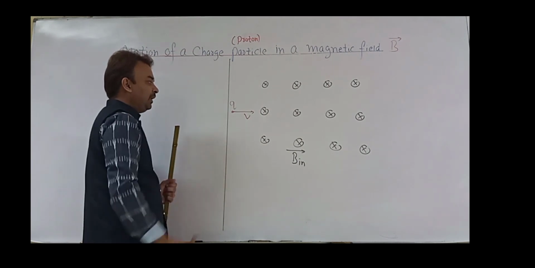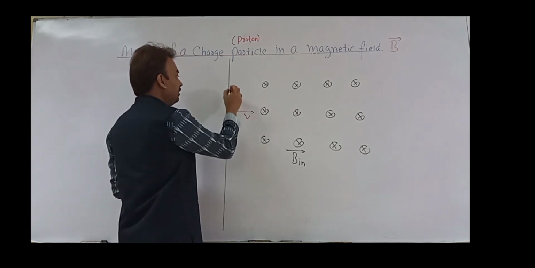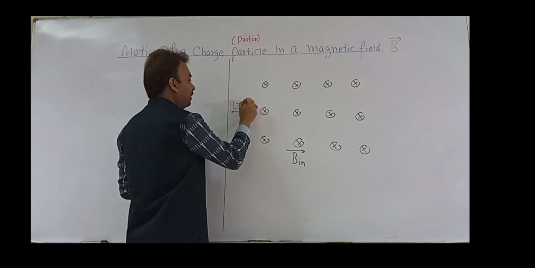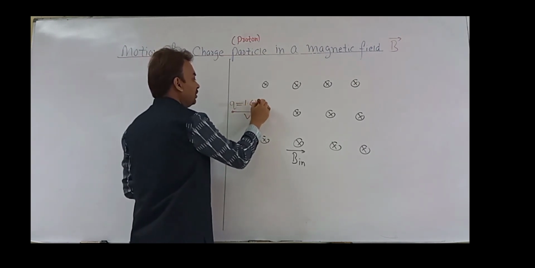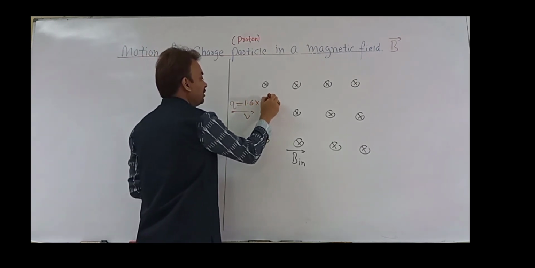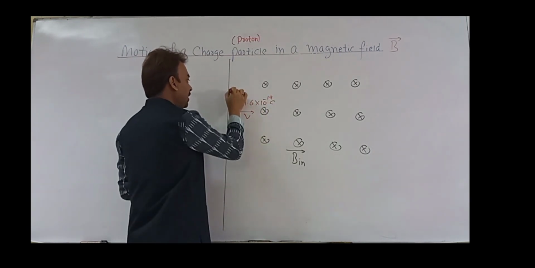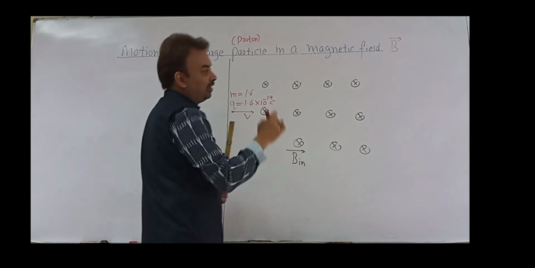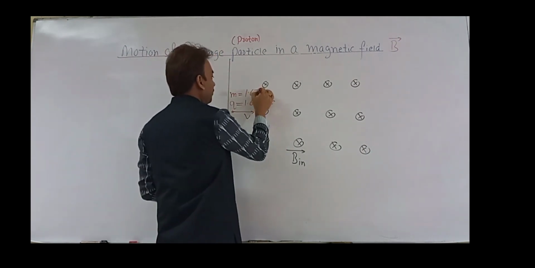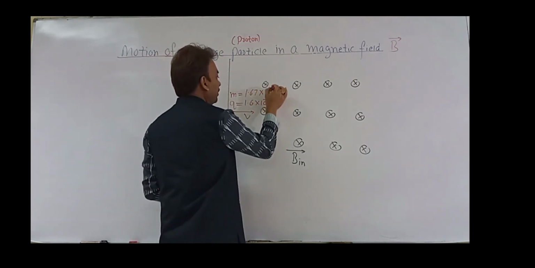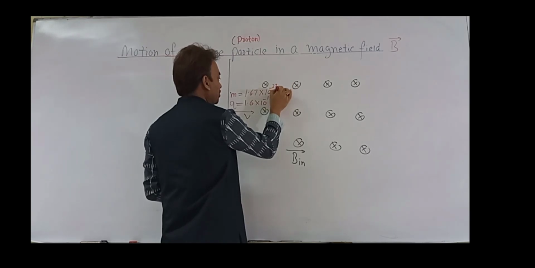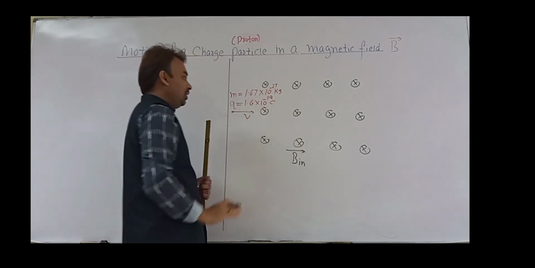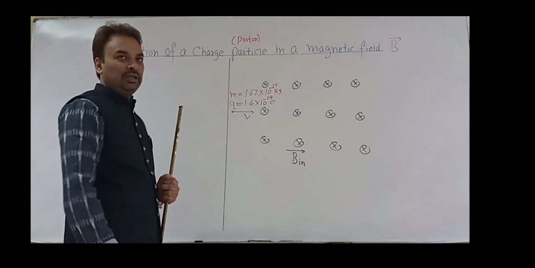The charged particle is a proton, and the charge of the proton is equal to 1.6 into 10 raised to the power minus 19 coulombs, and the mass of the proton is 1.67 multiplied by 10 raised to the power minus 27 kg. So with this mass and this charge, the particle is trying to enter the magnetic field.